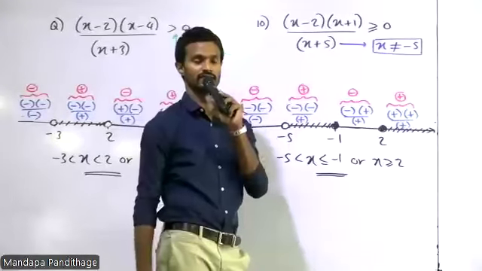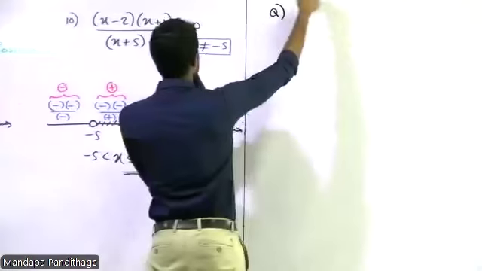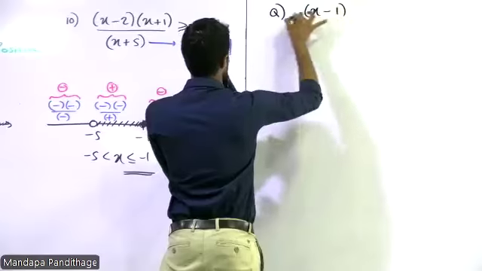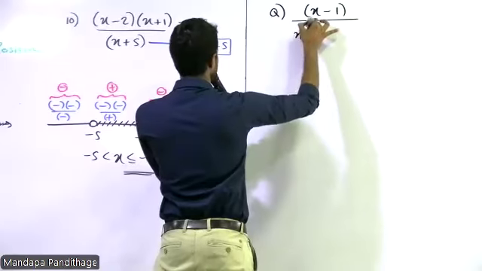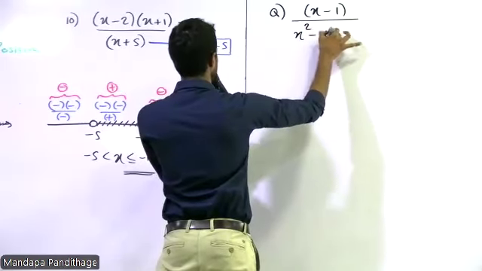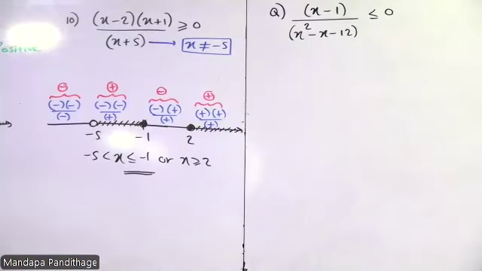Therefore, we need to exclude the values that make the denominator 0.